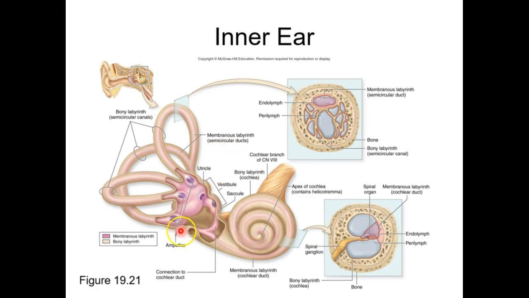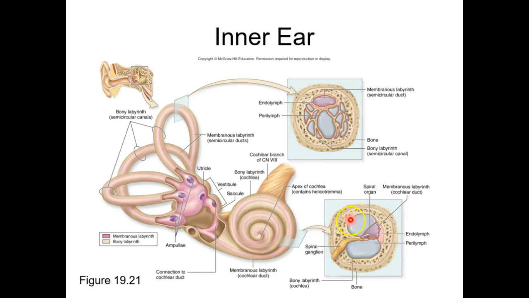The cochlea, it's all continuous between the vestibule and the cochlea. This bony and membranous labyrinth, it's all connected. It's all the same fluid flowing between them. So now you take the snail shell shape and you do a little cross section of that. You cut it out and you get this right here.